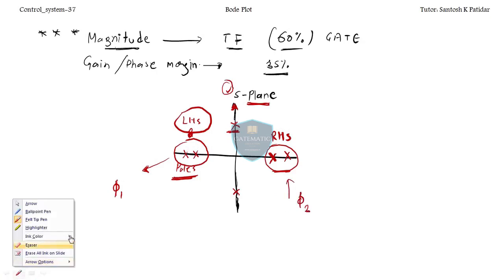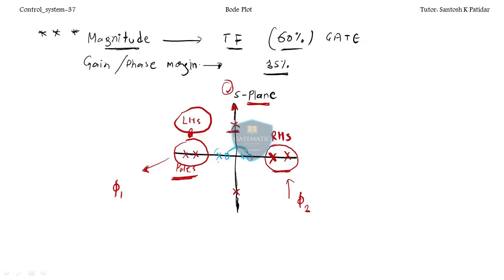And somewhere your system is like this, where poles and zeros are mixed. For a single pole placed in the LHS of the S-plane, corresponding to this we have one zero in the RHS. If one pole is seated in the RHS, corresponding to this pole we have a zero in the LHS. So in this system, you are calculating phi 3.